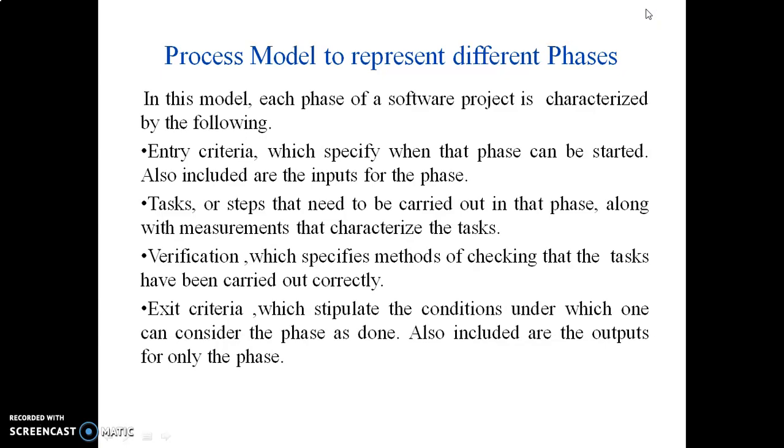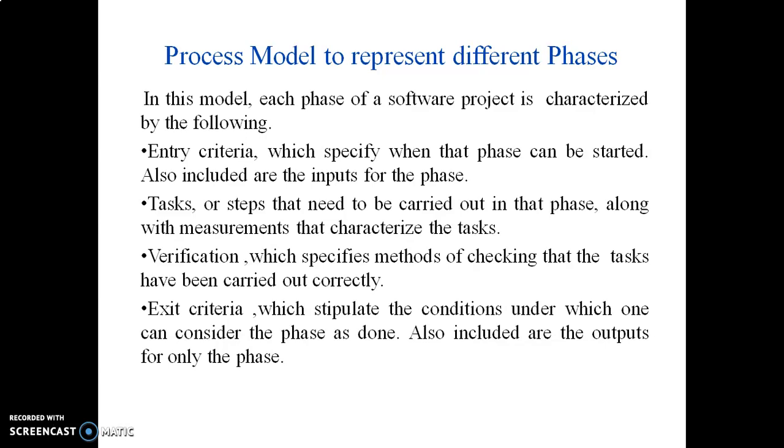Now we will deal with the different process models to represent the different phases of a software project. In this model, each phase of a software project is characterized by the following. It can be simply defined as the ETVX model. It is entry criteria, task, verification, and exit criteria.